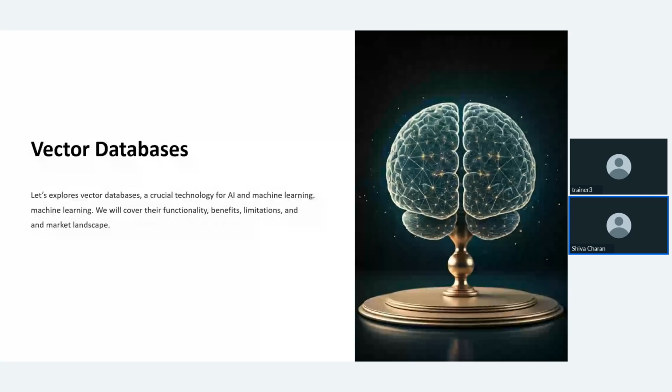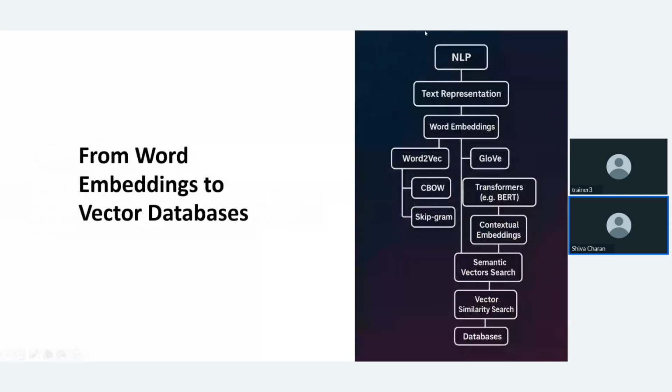First, a little introduction to vector databases: how things evolved. Maybe we all know text representation in natural language processing is in the format of word embeddings. Word embeddings are of different types.